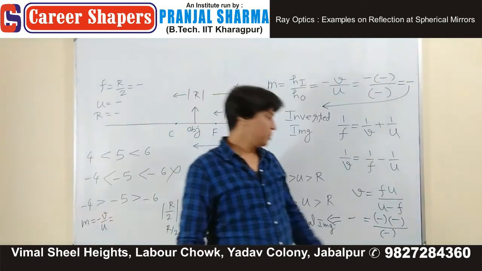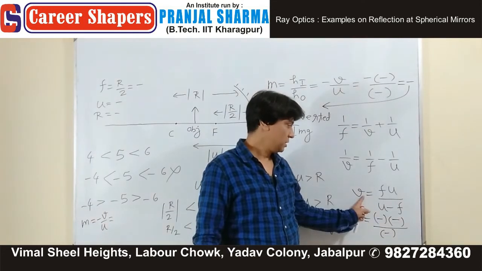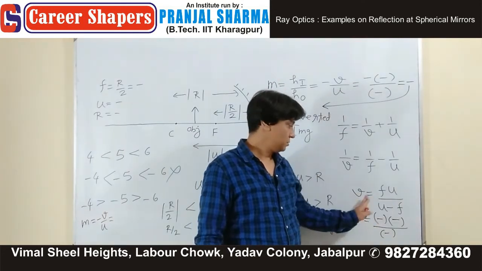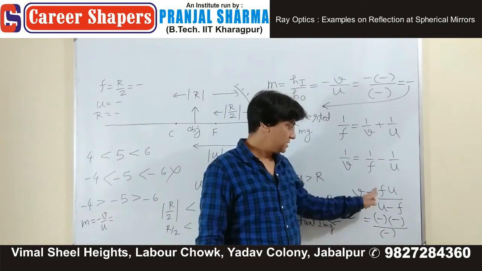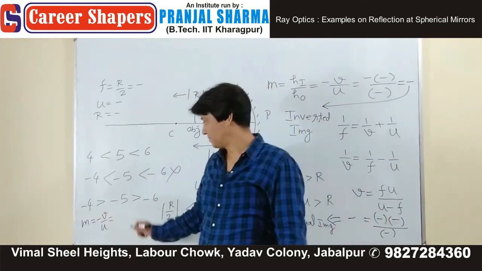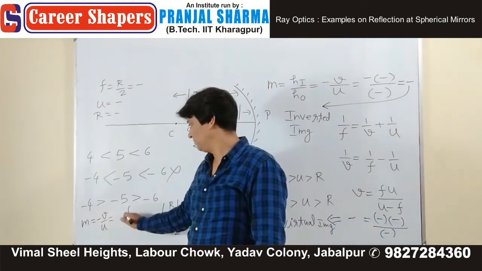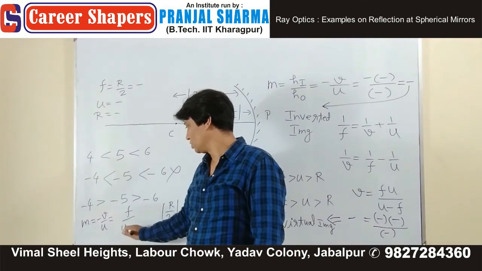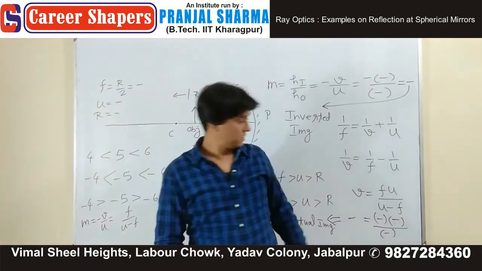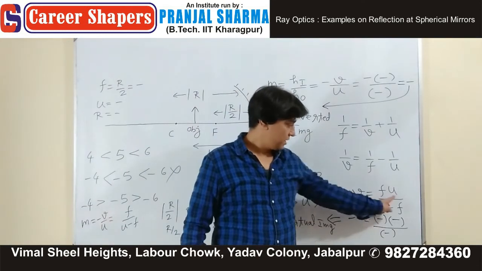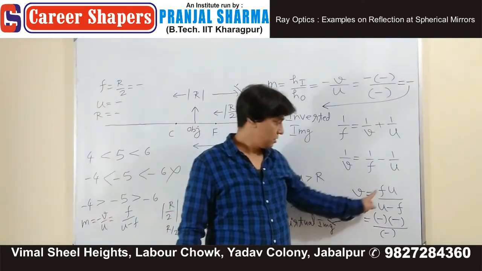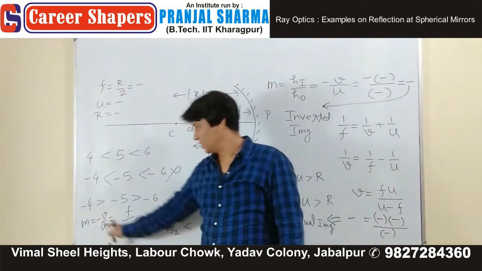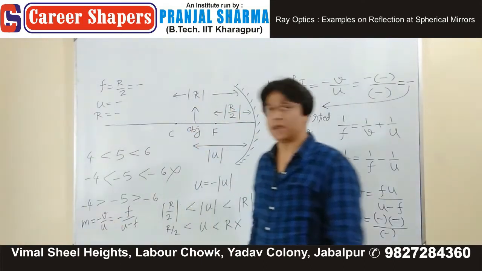So what is v upon u? V upon u is f upon u minus f. V divided by u is f upon u minus f, with a negative sign.